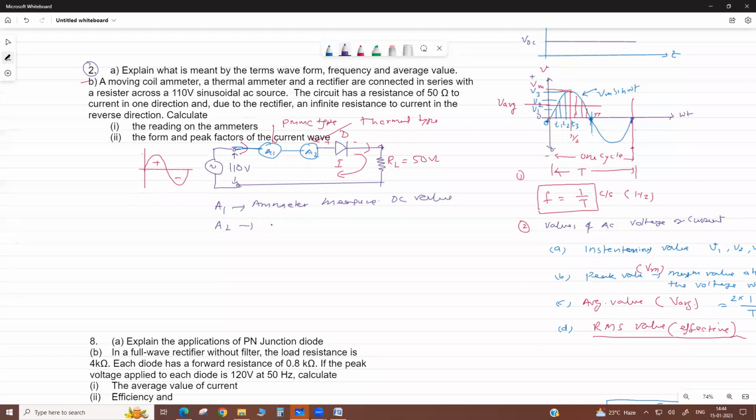And A2 is thermal type, it measures the RMS value. DC value means average value.